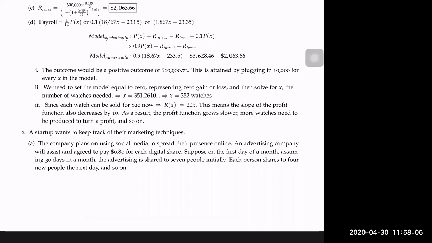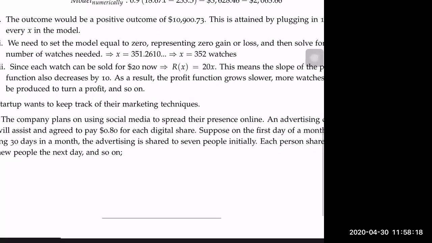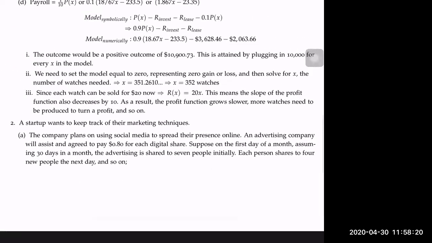All right. So as far as anyone running into the summation component or summation piece in any model that they run into, hopefully you realize that there are only 3 numbers when you reread this question. Advertising company agrees to pay 80 cents per digital share. Suppose on the first day of the month, there's 30 days in a month. Again, that's just anecdotal.